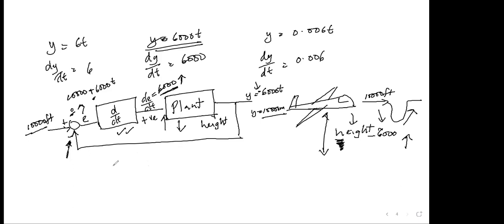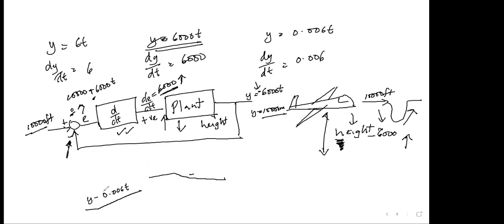controller. So now, what about if it is not a dramatic drop, but a nice little gentle drop? Sorry, let me use a counter example. It's a nice little gentle rise, 0.006 t.